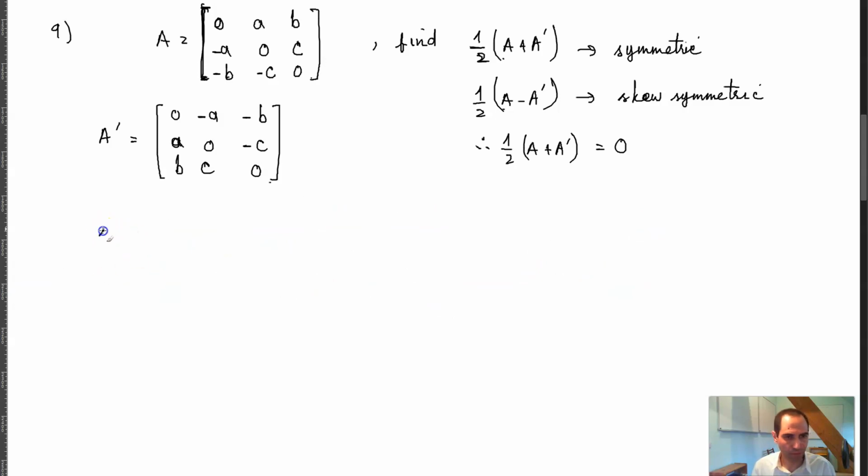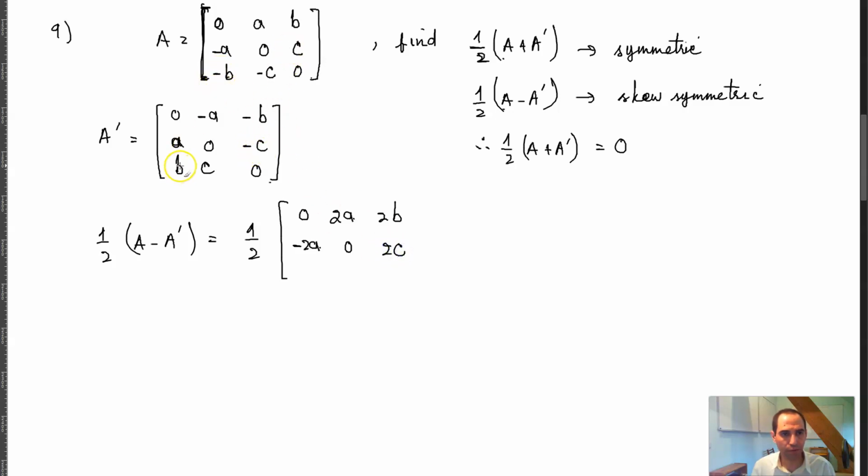Now 1/2 of A minus A prime is equal to 1/2 of basically this matrix minus this matrix. 0 minus 0 is equal to 0. A minus negative A is A plus A, which is equal to 2A. B minus negative B is B plus B is equal to 2B. And negative A minus A is equal to negative 2A. 0 minus 0 is equal to 0. C minus negative C is C plus C is 2C.